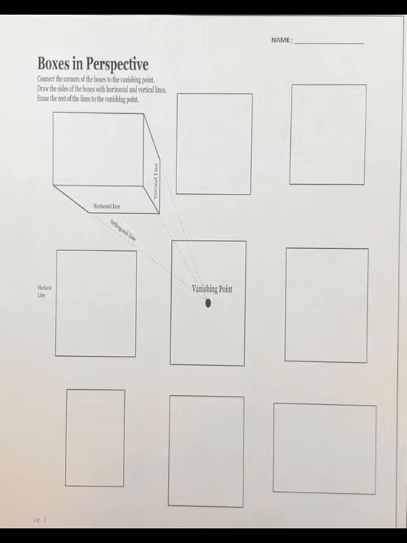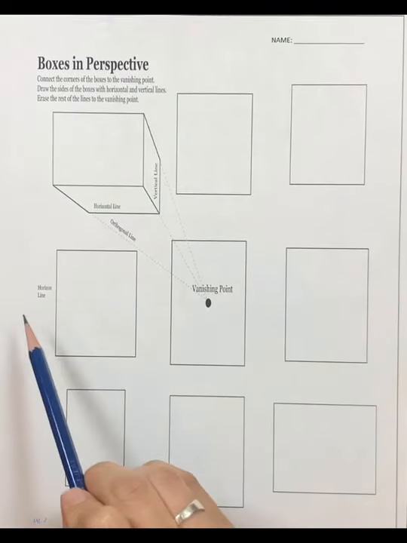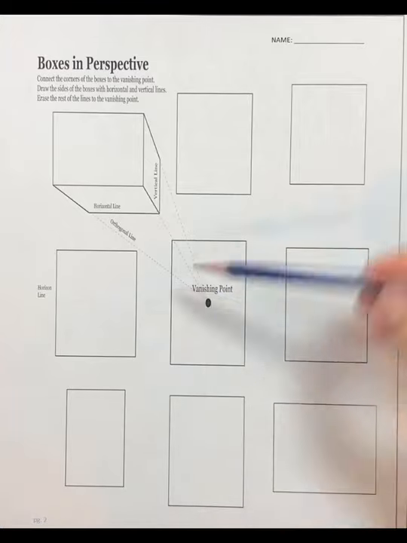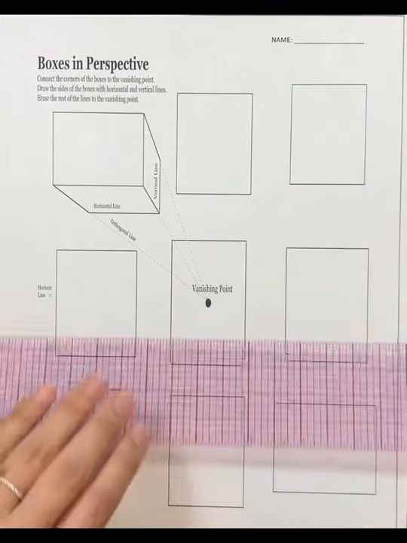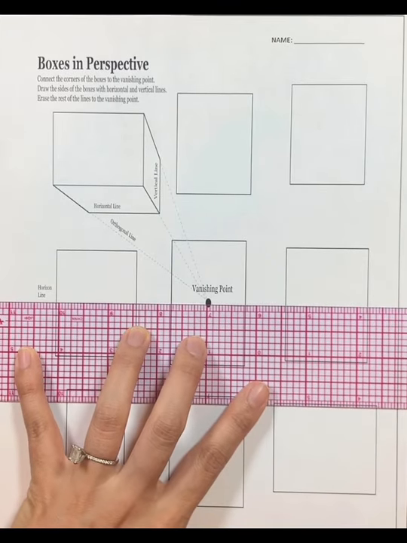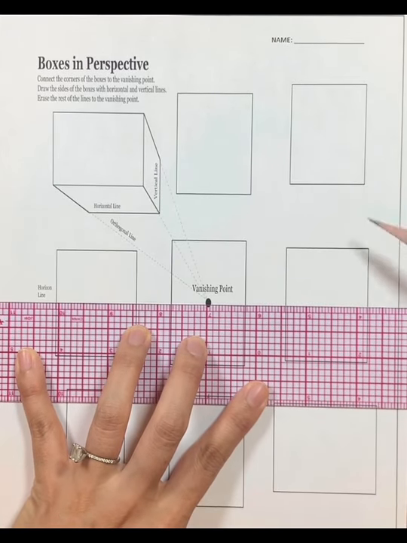So we are going to create boxes in perspective. Remember those 3 different elements that make linear perspective successful? Those were horizontal lines, vanishing point, and orthogonal lines. So I'm going to go ahead and define horizontal lines here because it's very lightly drawn on the worksheet.